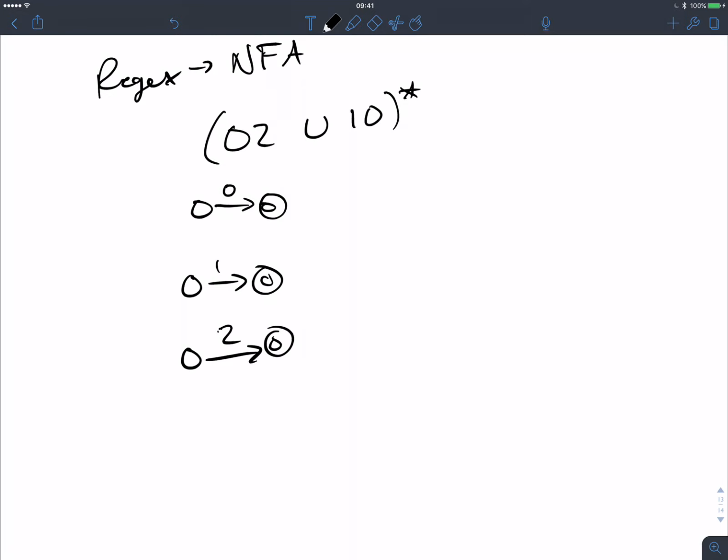Concatenate the NFAs for those two regular expressions. So I'm going to put 0, 2 there. So 0's there, and 2's there. And then I connect them by making that state non-final and epsilon my way over.